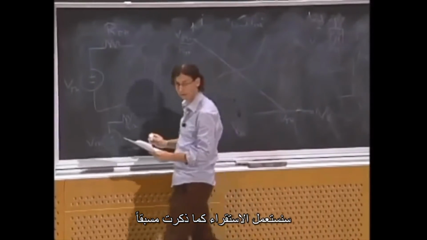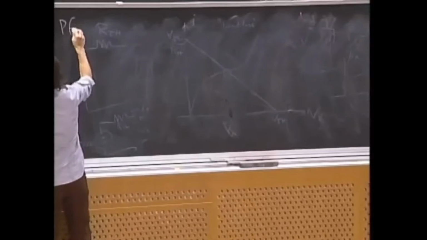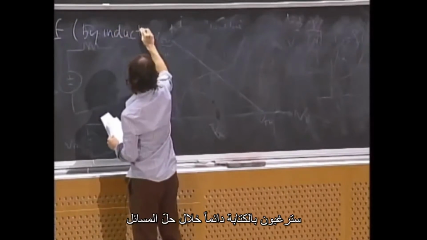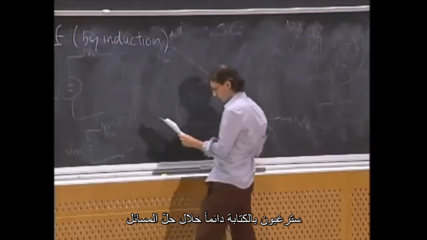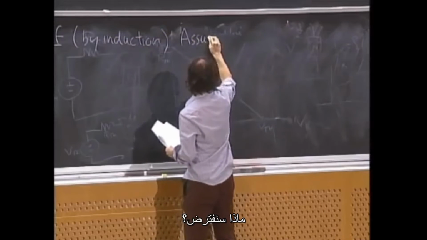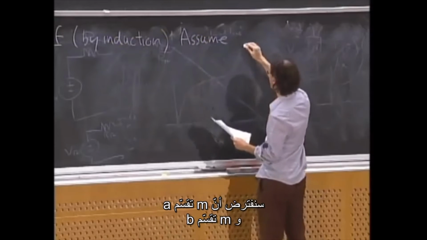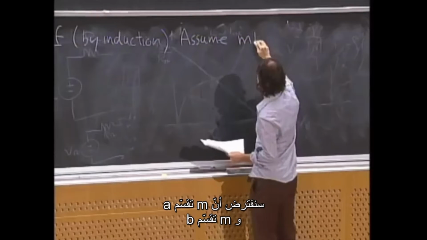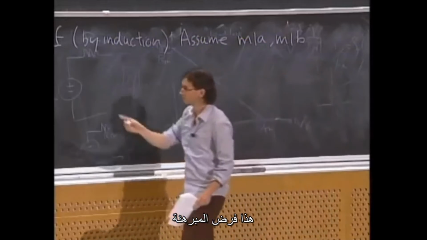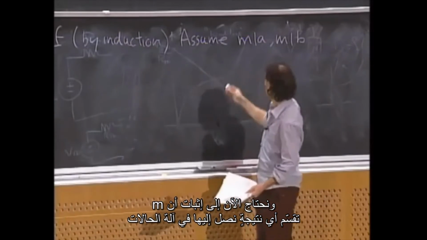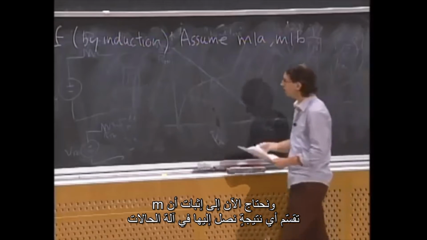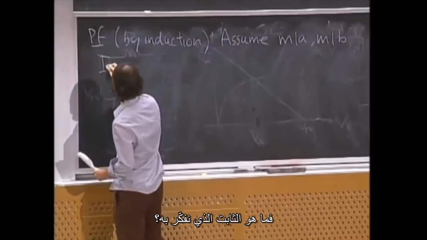As I said, we're going to use induction. So you always would like to write this out if you solve your problems. What are we going to assume? Well, we assume that m divides a and m divides also b. That's the assumption of the theorem, and now we need to prove that m divides any result that we can achieve in this state machine. So what's the invariant that we are thinking about?